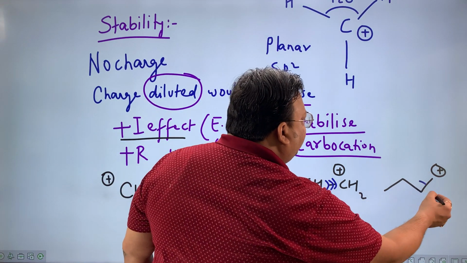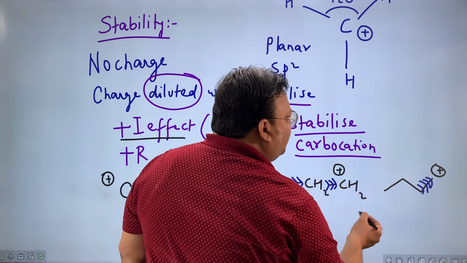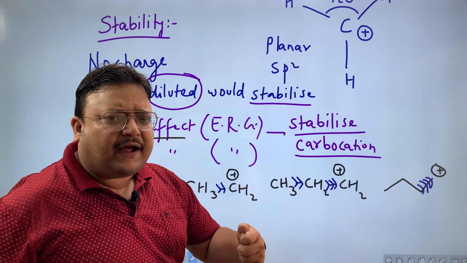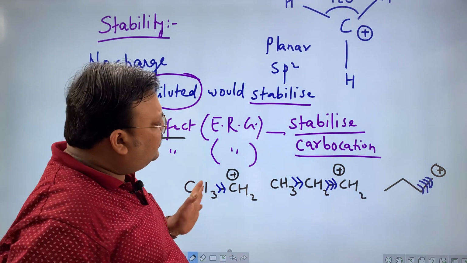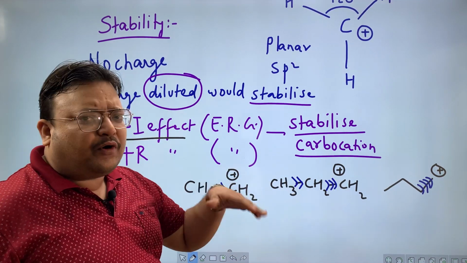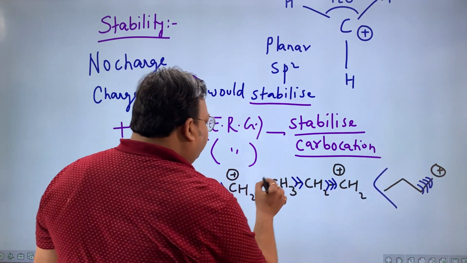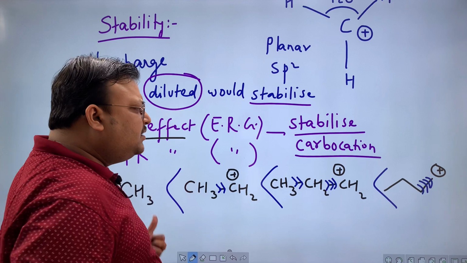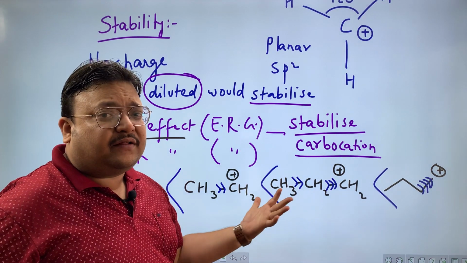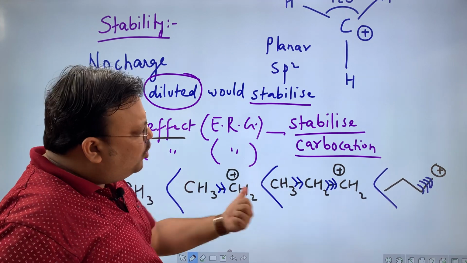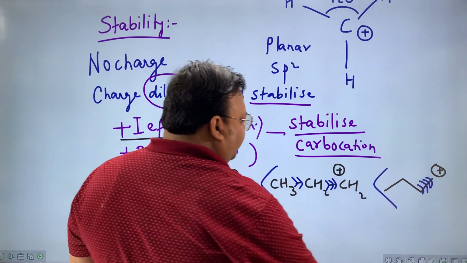So naturally the plus I effect will be maximum here. More the number of carbon atoms, more plus I effect, the positive will be diluted more effectively. The more plus I effect, the lower the positive charge, and naturally this will be the stability of carbocation. This is when all of them are 1 degree. More number of carbon atoms, more plus I effect, more will be the stability.